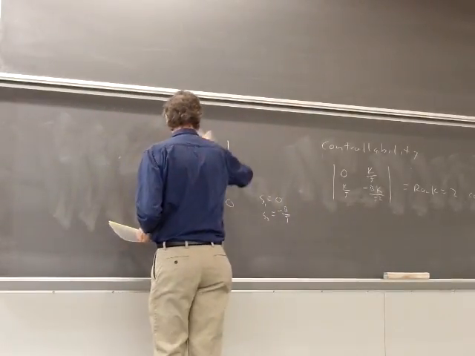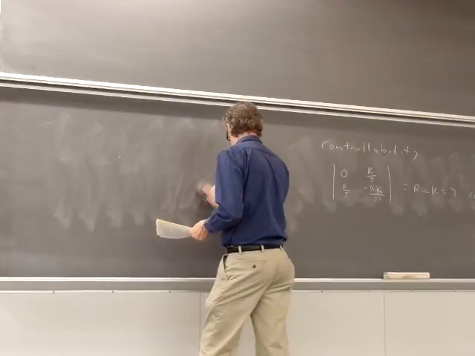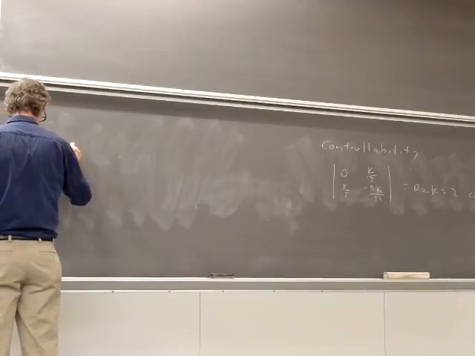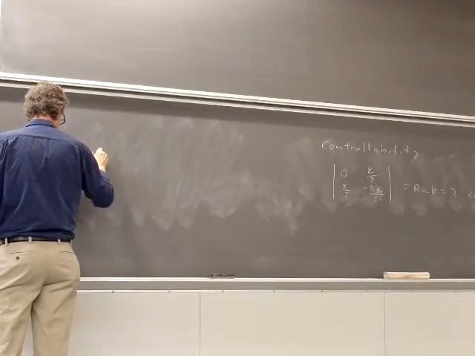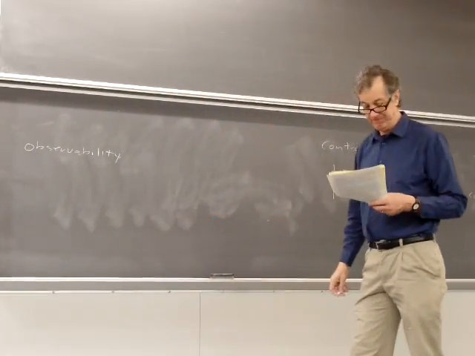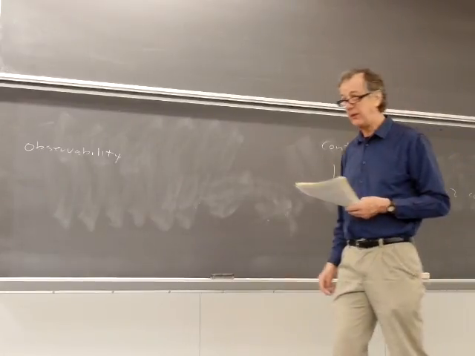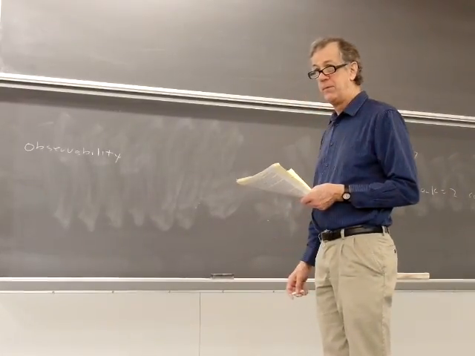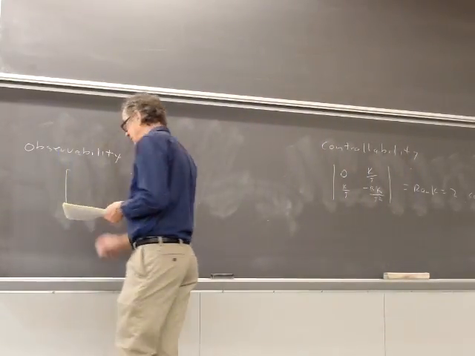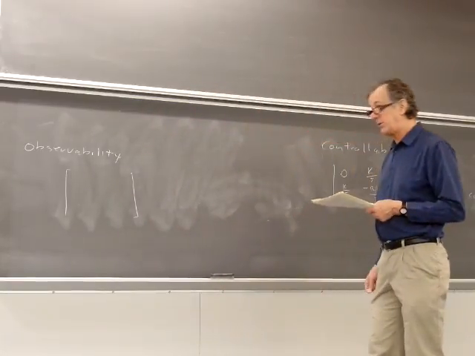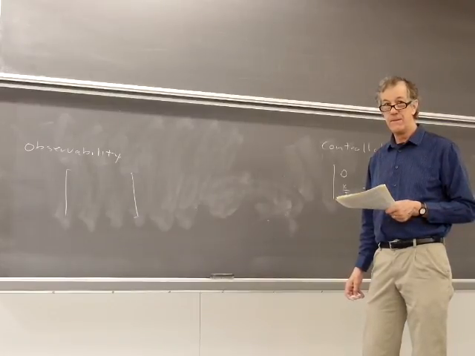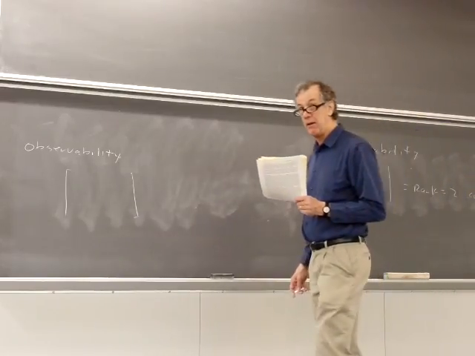The first row, or first column, depending on whether they do the transpose or not, is C. C would be what?